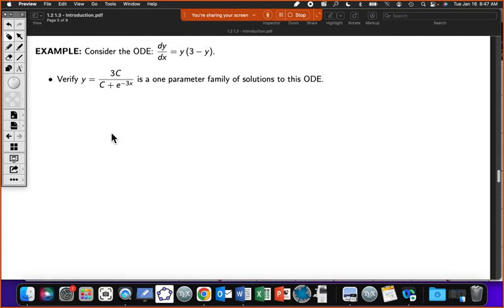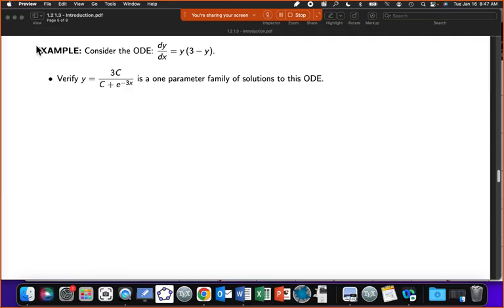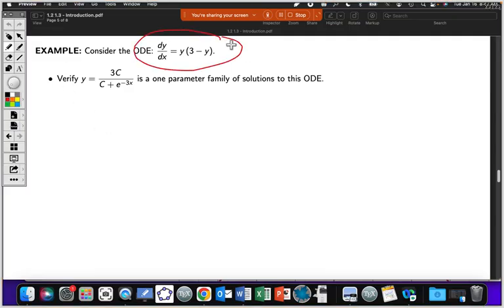All right, so here's an ODE: dy/dx equals y times (3 minus y). It's an ordinary differential equation because we've got an ordinary derivative. Here y is the dependent variable and x is the independent variable. It's a first order equation because that's the highest order derivative we have.